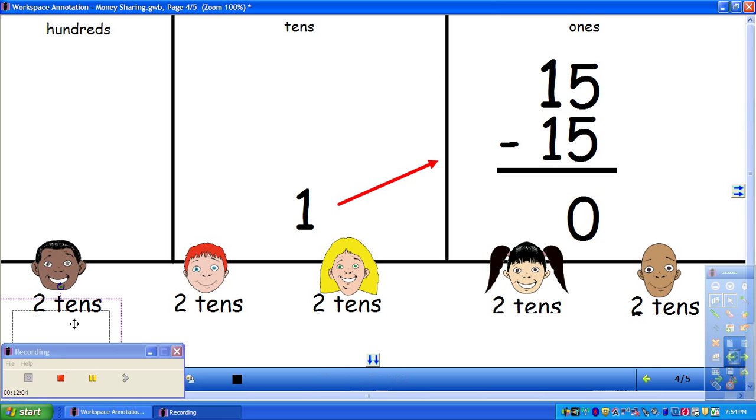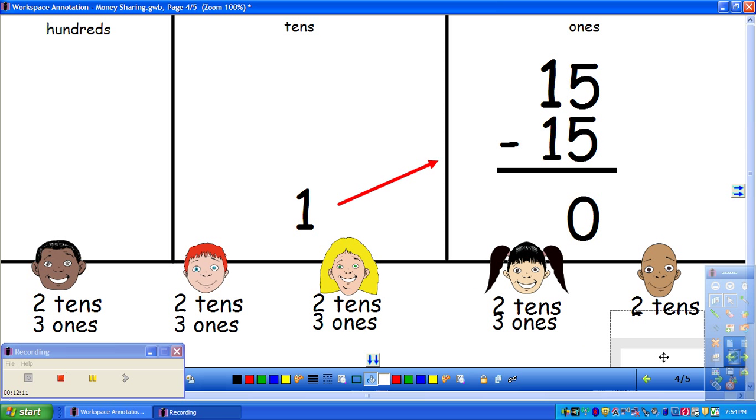So I will give everybody 3 ones, which used all of my ones, leaving nothing left over, and that gives everybody 3 ones. 3, 6, 9, 12, 15 ones. So we used all of the ones with no ones left, and we gave everybody their money. So everybody ended up with 2 tens and 3 ones, or what we would say, $23.